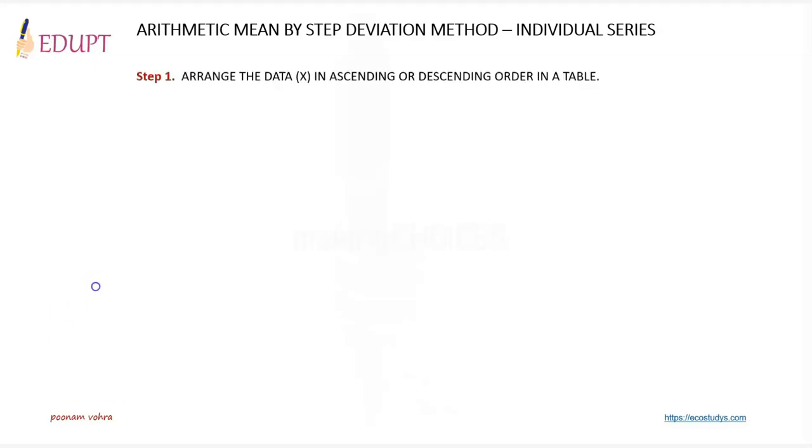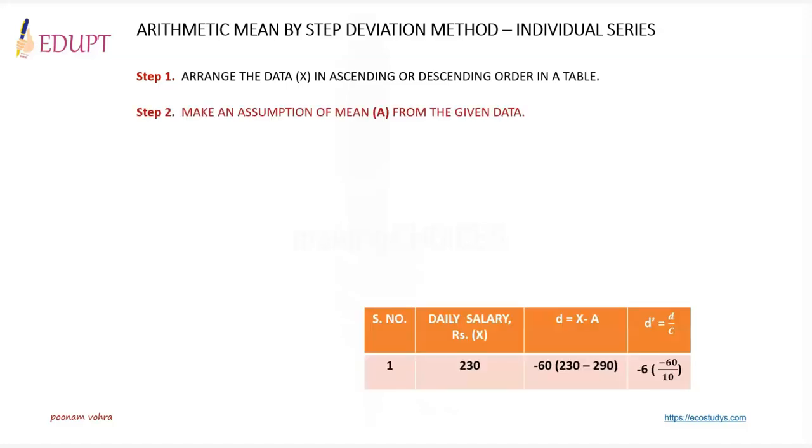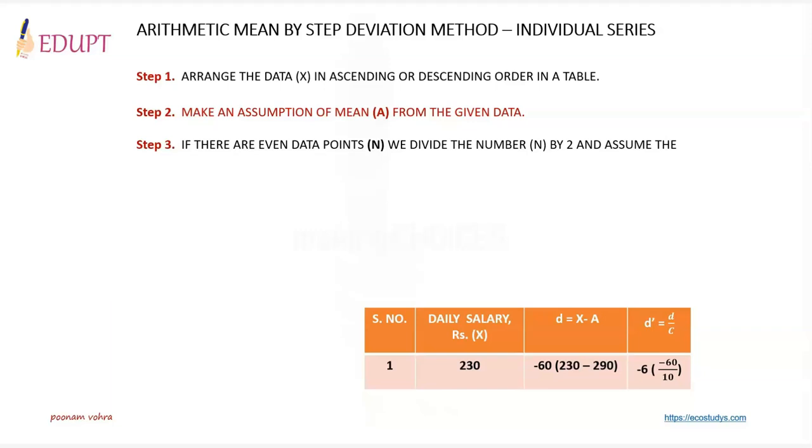So the first step would be that you need to arrange the data in ascending or descending order in a table. Then you need to find assumed mean from the given data, and finding assumed mean is just like the shortcut method. That is, if the data points are even in number, then we divide it n by 2 to get the assumed mean.